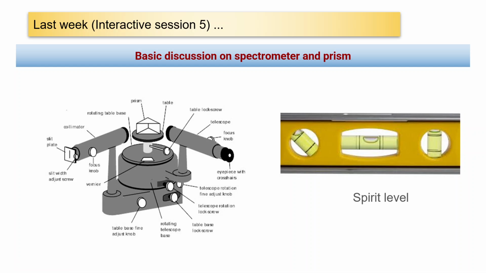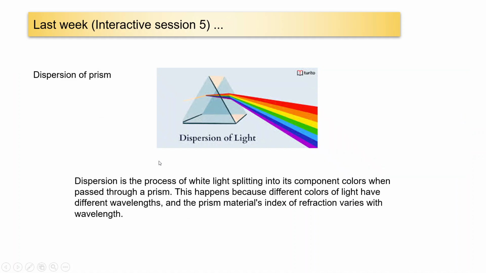Also, we had discussed how to calculate the least count of the scale, the Vernier scale. Then we had discussed the prism. What is a prism? What is it made up of? How many sides does it have? Which side is refractive? Which side do we make opaque so that we don't get any reflection from that side?